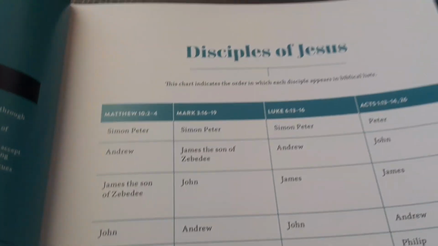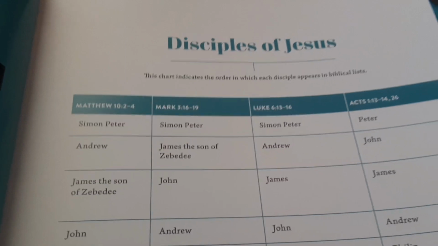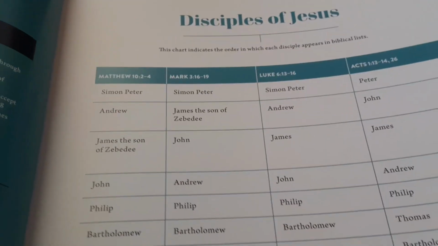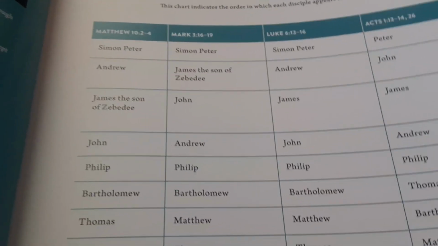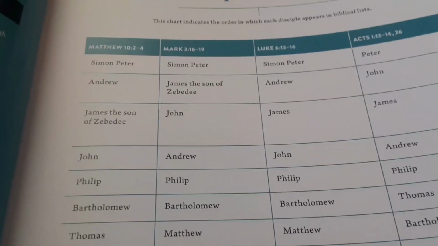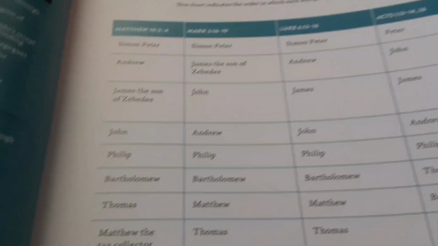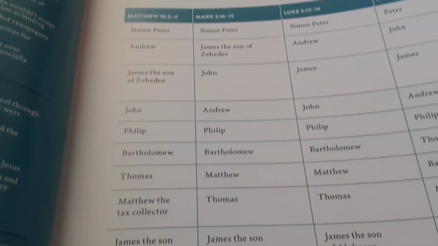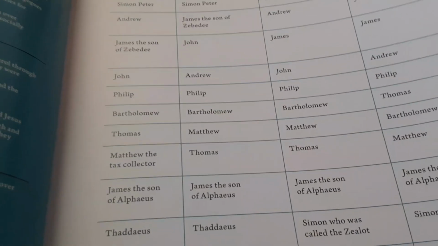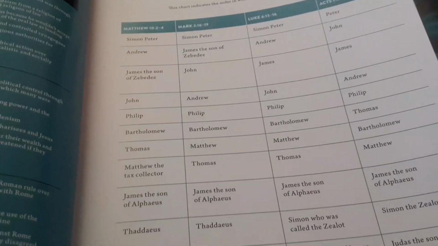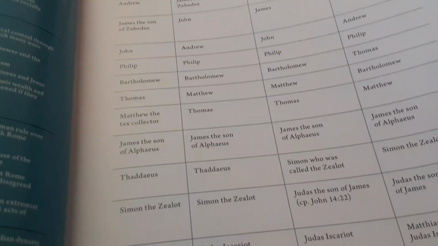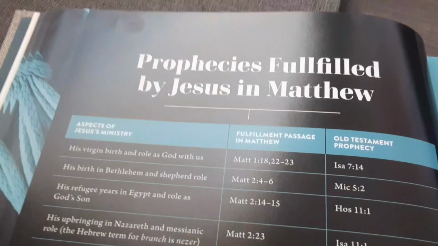Here's one of the disciples of Jesus in Matthew, Mark, Luke, and Acts. It tells you each of the names in different books of the Gospels, along with Acts. Prophecies fulfilled by Jesus in Matthew, right here.